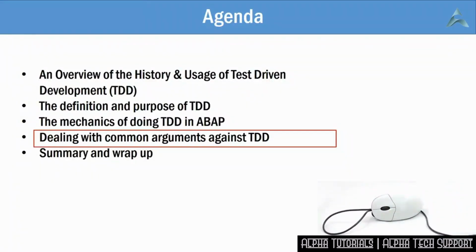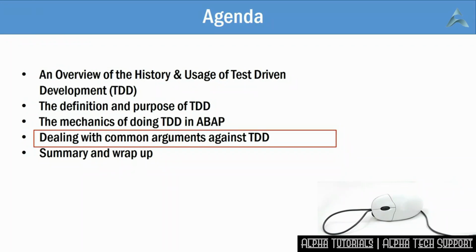Welcome to section 3. In this section, we're going to deal with the common arguments made against the whole concept of test-driven development. As I mentioned earlier, people love the status quo. People don't want to change anything. And with a radical new idea like test-driven development, they'll say, oh, I don't know about that.